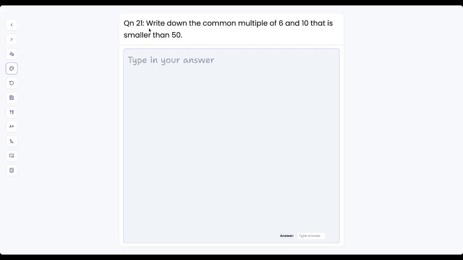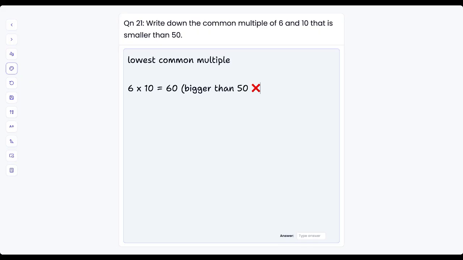Question 21. Write down the common multiple of 6 and 10 that is smaller than 50. So for common multiple of 6 and 10, basically they want the lowest common multiple. So you might say 6 times 10 equals 60, but this is bigger than 50.